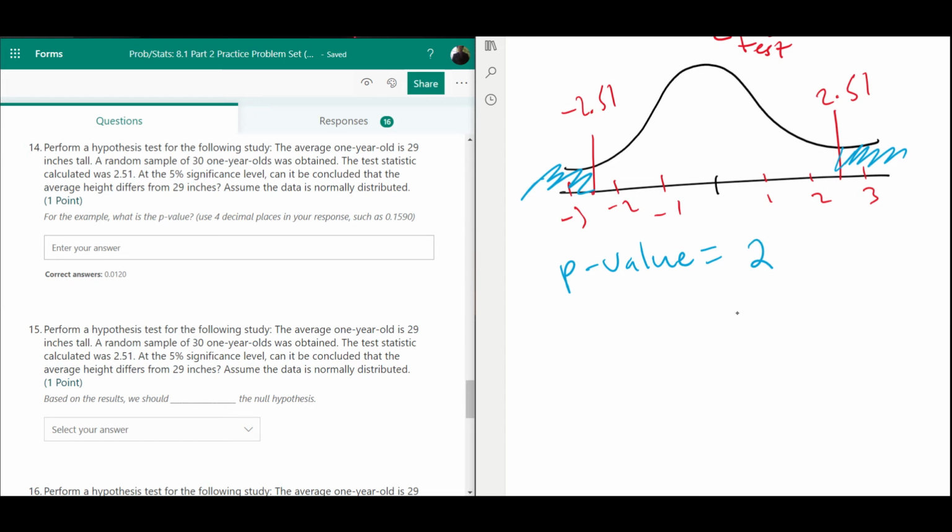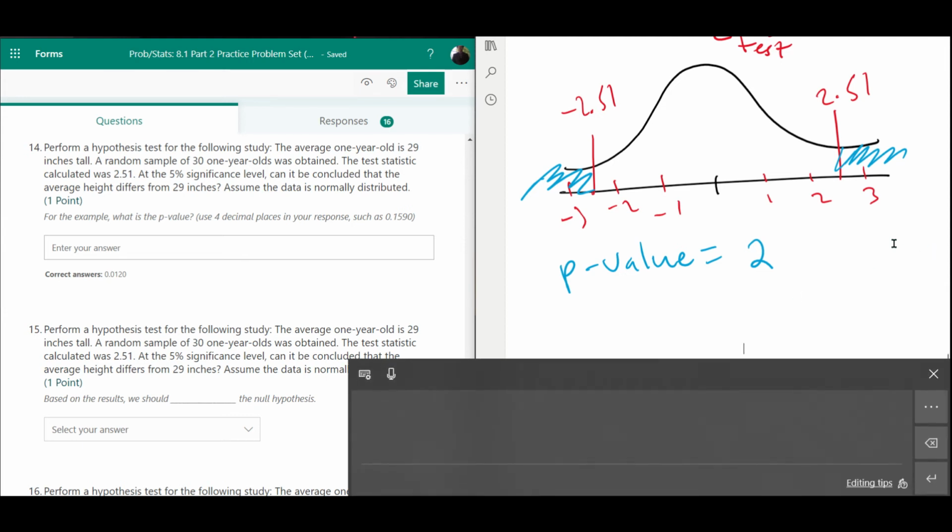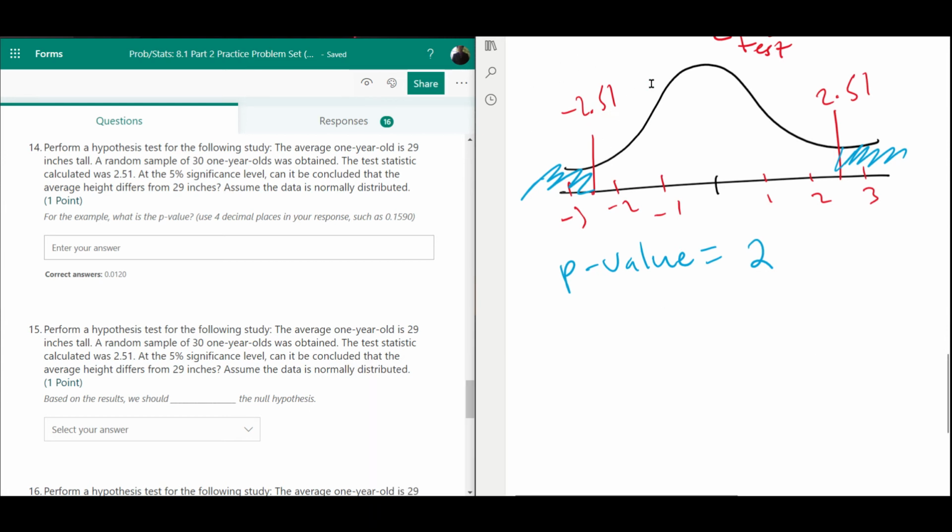So let's figure out the area to the left of negative 2.51. To find the area to the left of negative 2.51, I need to use the z-table. So let's go ahead and use the z-chart. Remember, the z-chart gives you the area to the left. So if I looked up negative 2.51 on the table, I can just use that area.